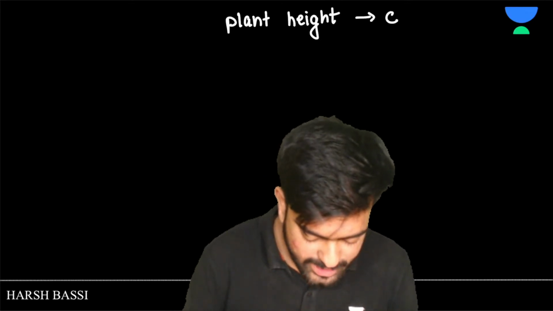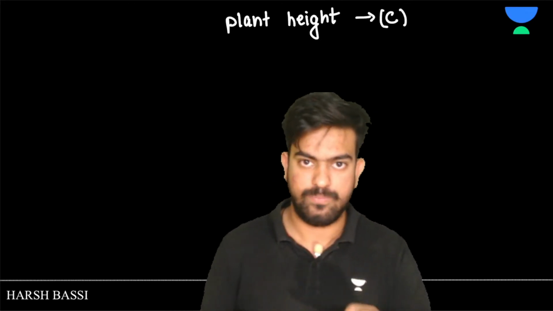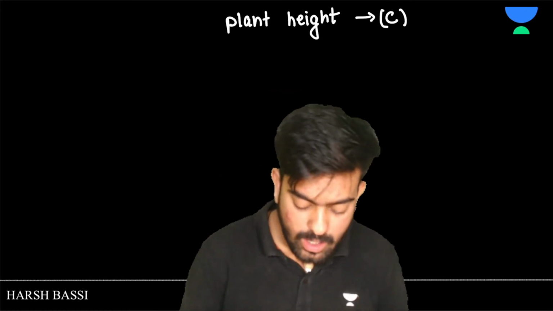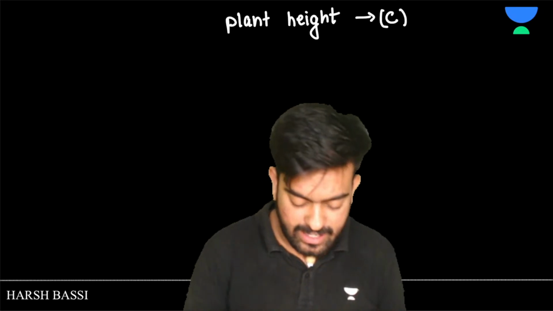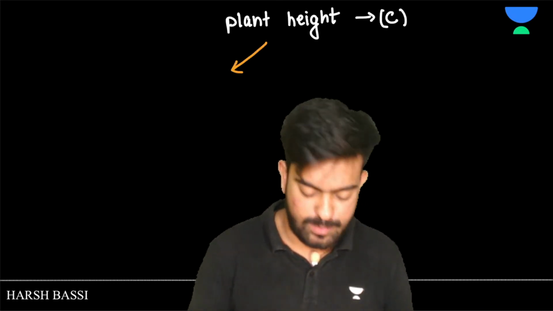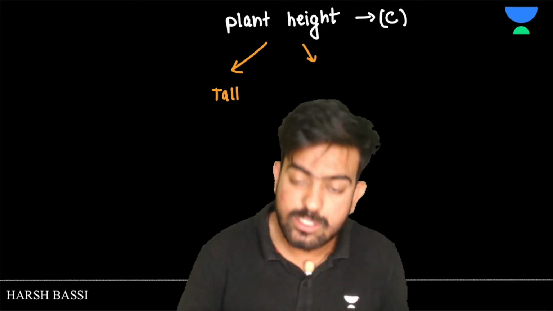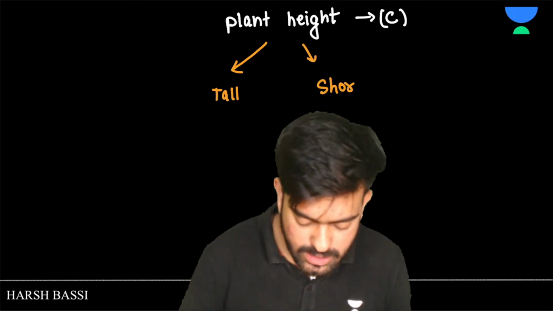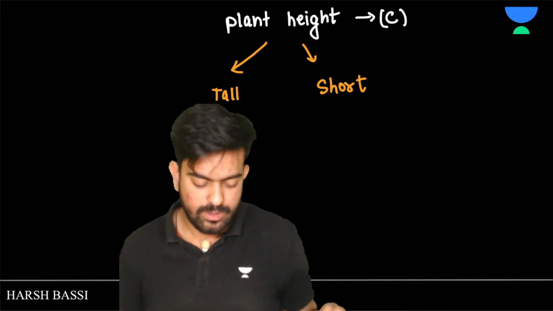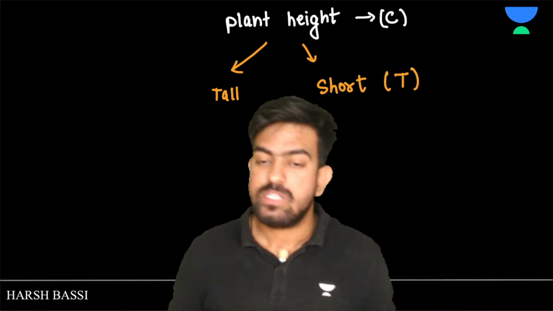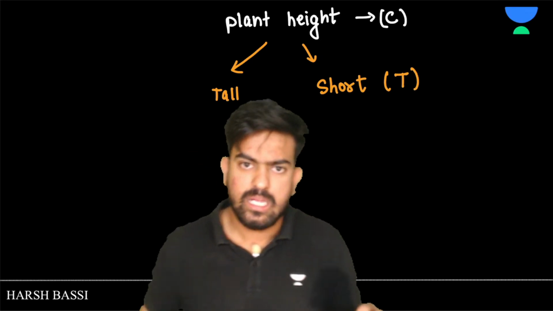Let's represent it with C. Now, if I talk about what kind of plant height we have, we have two types: one is tall and the other is short. This is the trait. Tall and short are traits.